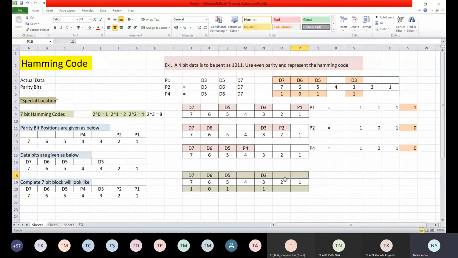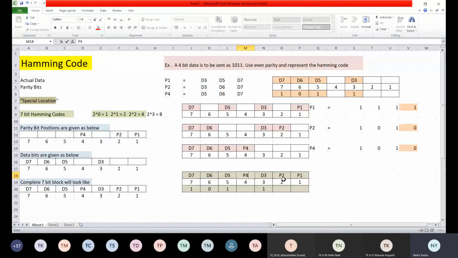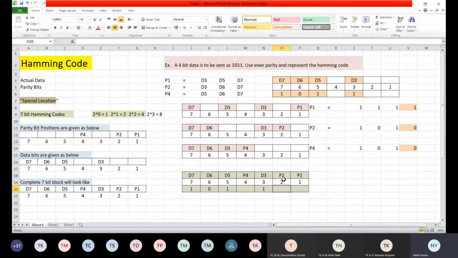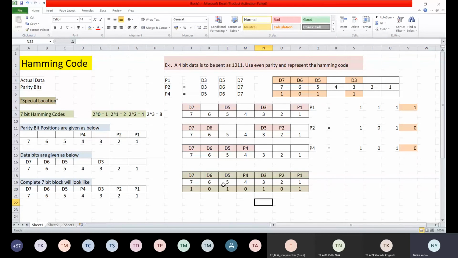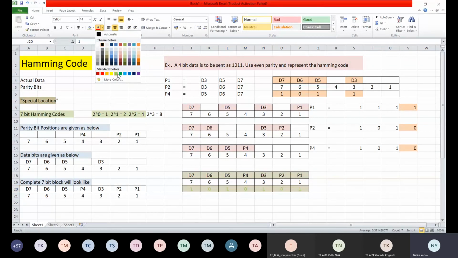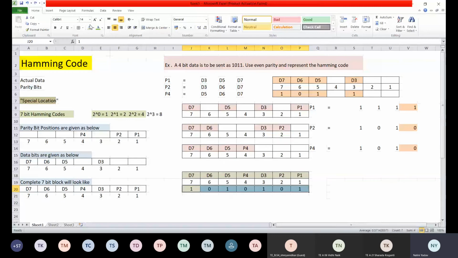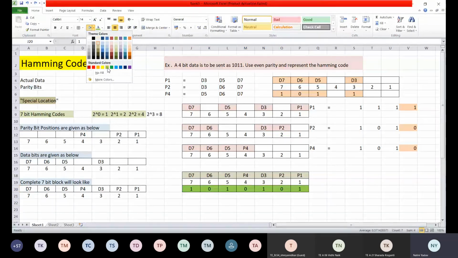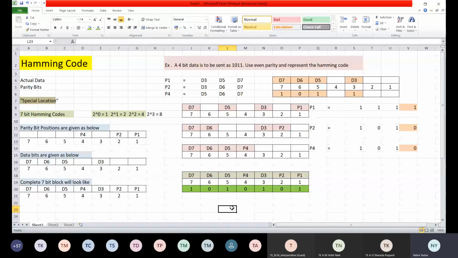So this is my P1, this is my P2, and this is my P4, right? P1 is 1, P2 is 0, and P4 is 0. Understood all of you? So this is my final data which is to be transmitted. Correct? So this data is the transmitted data.